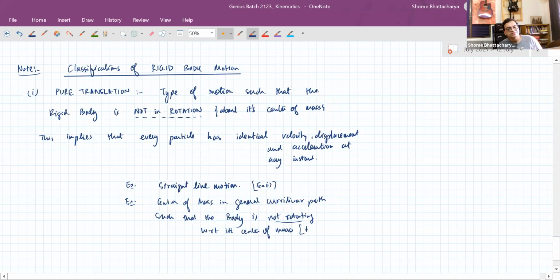So both these together are clubbed together. Example 3 and example 1, they are clubbed together as pure translation. And this is the definition of pure translation.